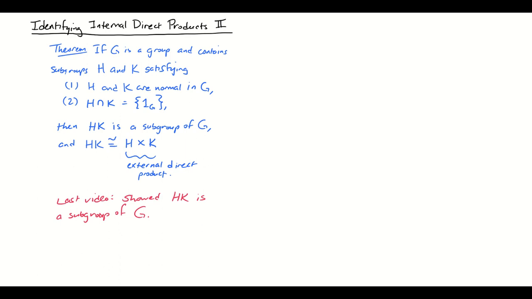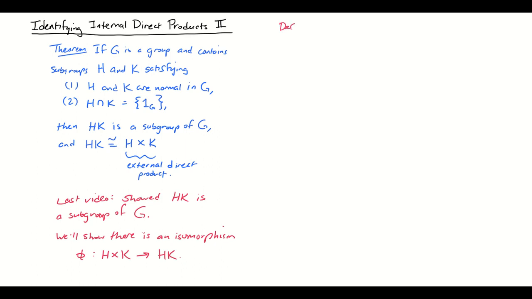All right, because now we're going to show that there's an isomorphism phi from H cross K to HK. And here's how we're going to do it.